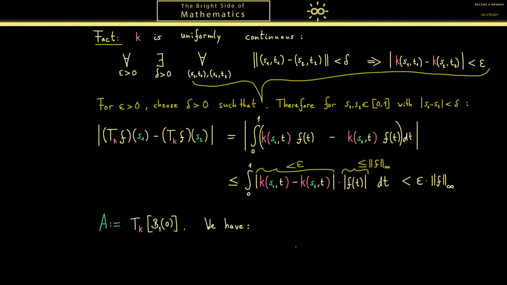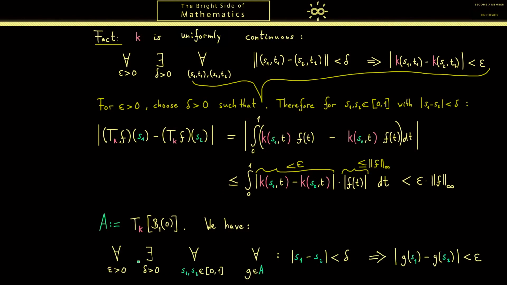If you don't know what this means anymore, let's write it down again. It just means that for all epsilon greater 0 there exists a delta, such that for all S1, S2 and all g in A we have the uniform continuity implication here. From the definition of the last video I only had to change some names. I used the name g for the function here because we already had a function f.